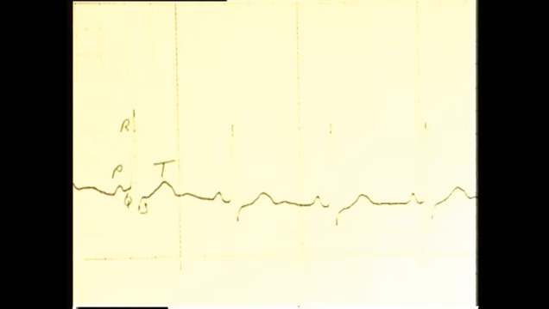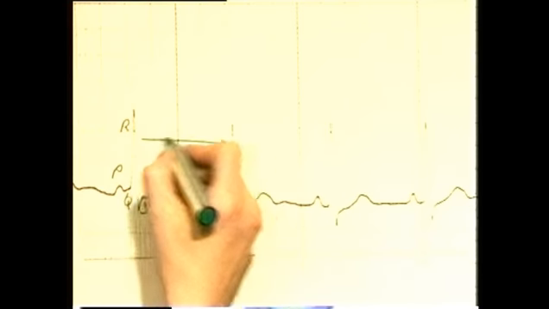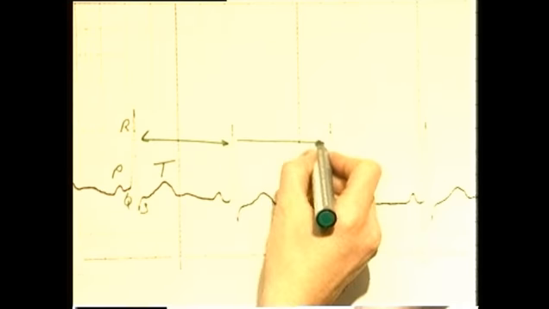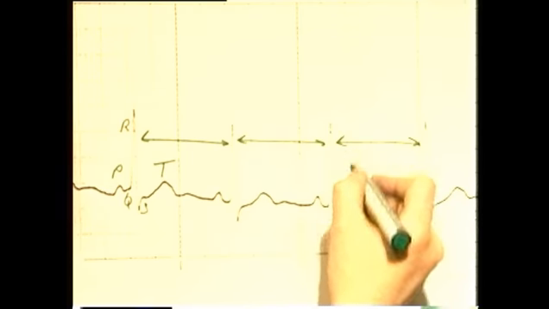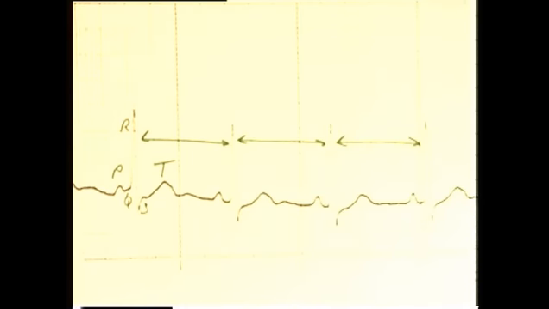The PQRST waves are in the right order. And the gap between the beats seems to be fairly regular. So we've got a PQRST in the right order, and it's regular, and this rate actually was between 60 and 100. So an example of a sinus rhythm as detected from the electrical activity on the surface of the body.